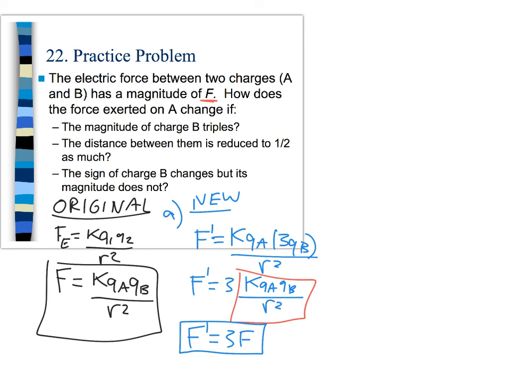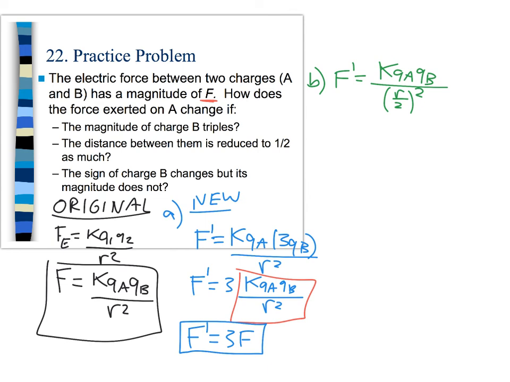Moving on to part B here, what happens now is the distance between them is reduced to half as much. And so my new force here, F prime, is going to be k times QA times QB all over r over 2, that quantity squared.